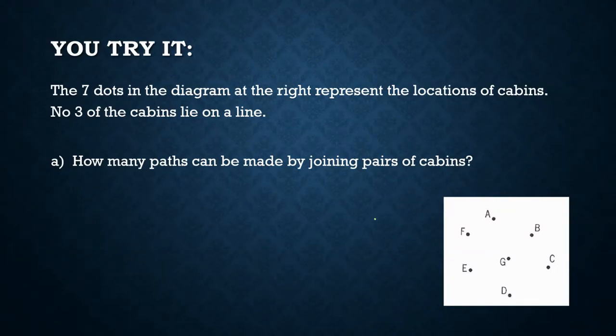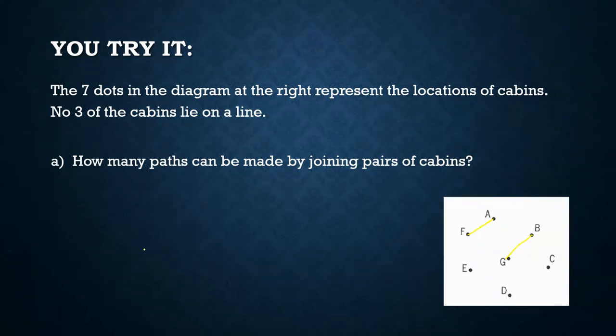So, for example, A to F or B to G. Sorry, my cursor is very hard to see over that white there. There we go. How many different paths can you make? Again, you can pause the video or unpause when you're ready, or go along with me right now.